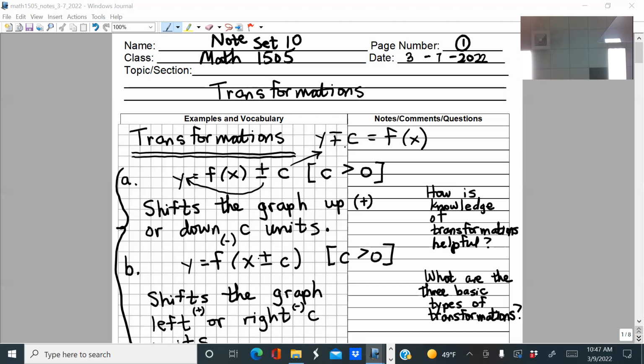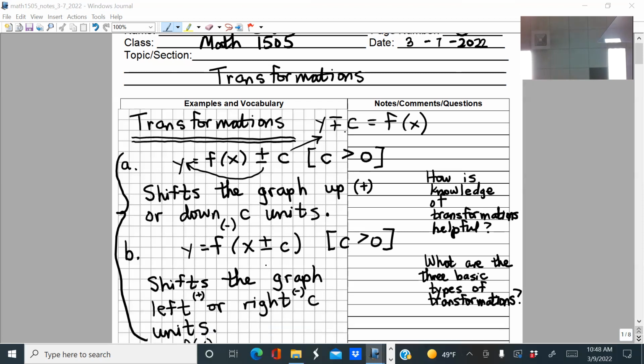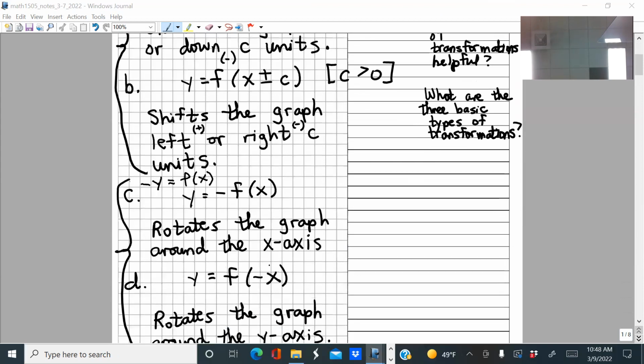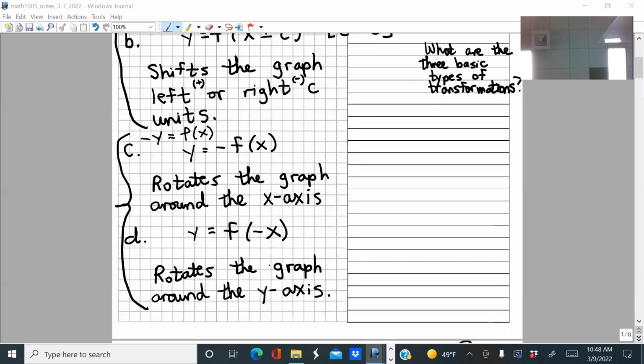It's just a matter of whether we're adding or subtracting the constant to x or y. That's one type of shift. We haven't seen any examples yet, so bear with me till we get to some. Let's look at the second type of shift, which is called a rotation, and it's very simple.